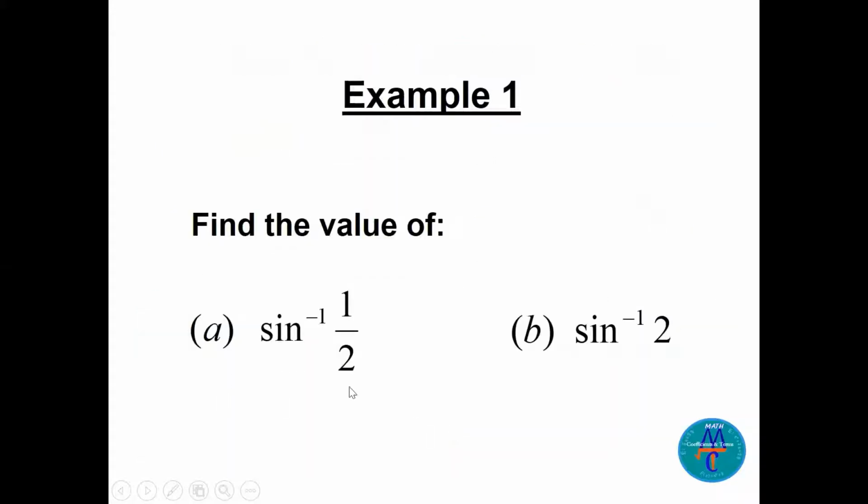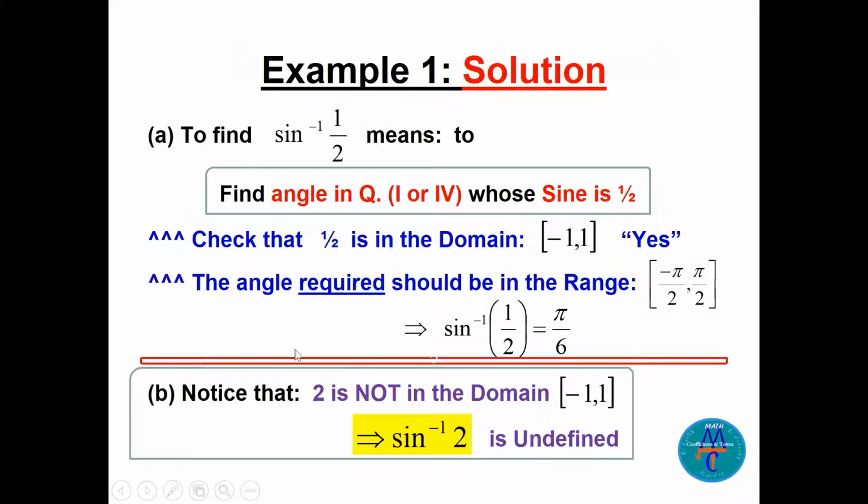Let's start with 2 simple examples. Sine inverse of half, sine inverse of 2. Let's find the value of this, and find the value of that. The first one is easy. Sine inverse of half, what does it mean? It means find the angle in quadrant 1 or 4 whose sine is half.